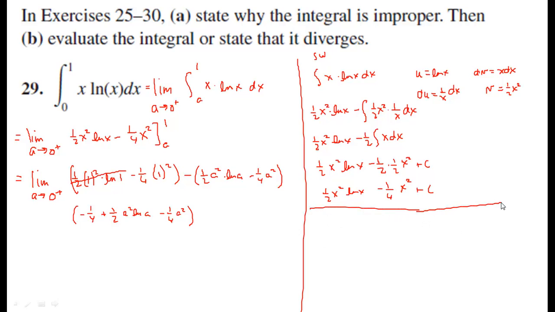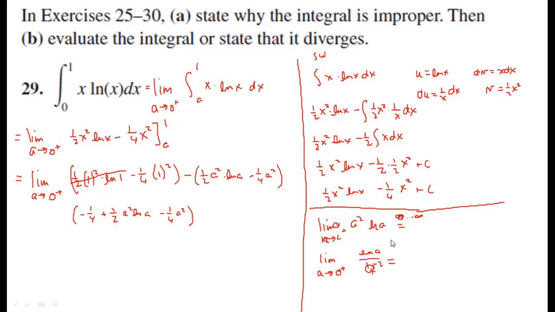On the side work, we're going to ask the question, what is the limit as a approaches 0 from the positive side of a squared natural log of a? This is indeterminate in the form of 0 times negative infinity. So I'm going to rewrite that as the limit as a approaches 0 from the positive side of the natural log of a over 1 over a to the negative 2.